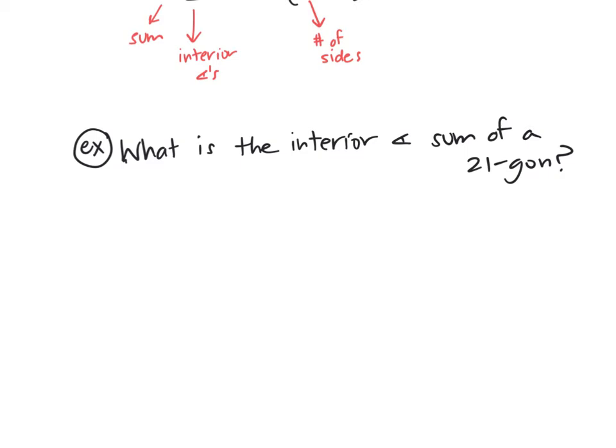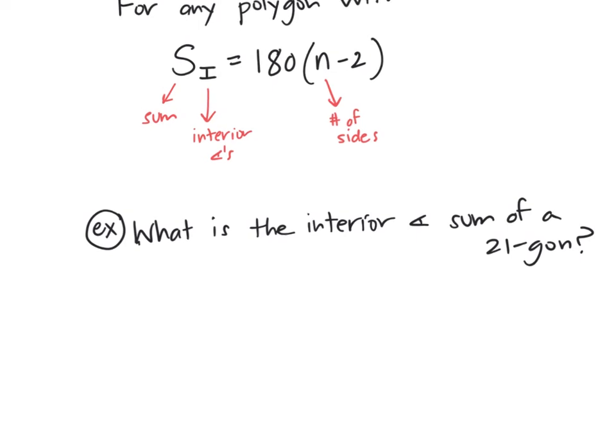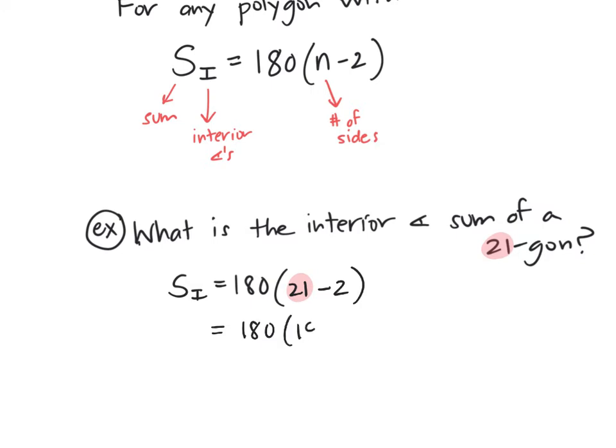And so to do that, we're just going to apply this formula, right? So the sum of the interior angles is equal to 180 multiplied by 21, that is our n, right? So I'm going to put that right here. 21 minus 2. And so I get 180 multiplied by 19.